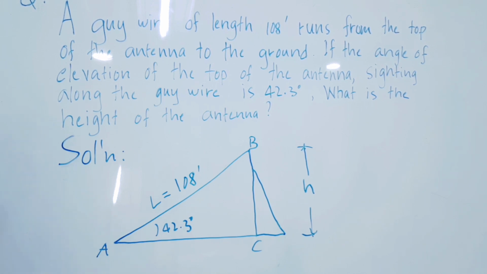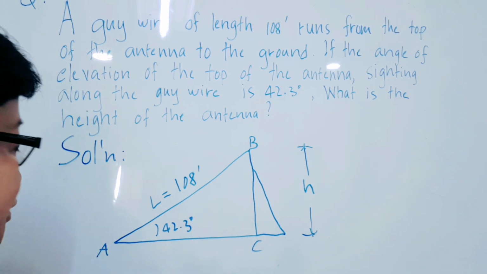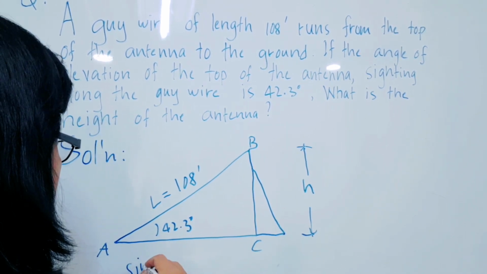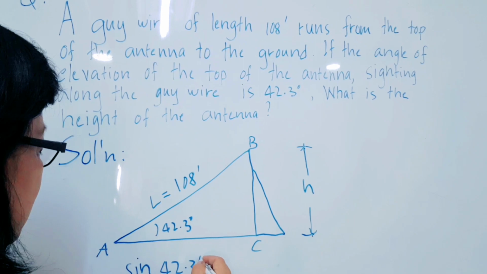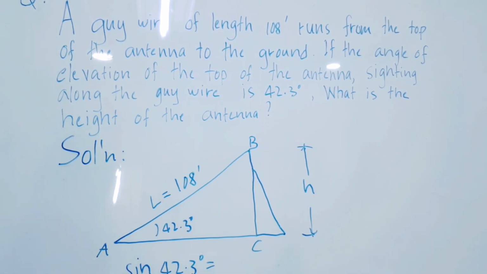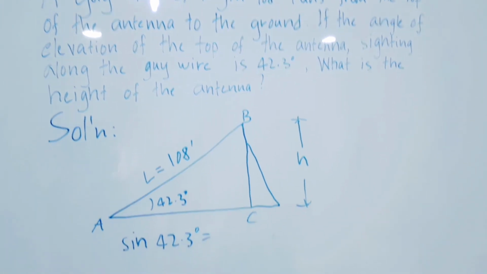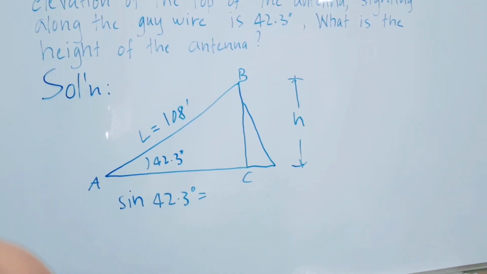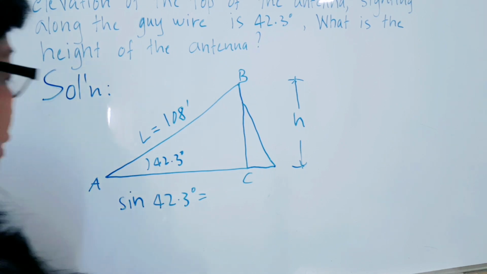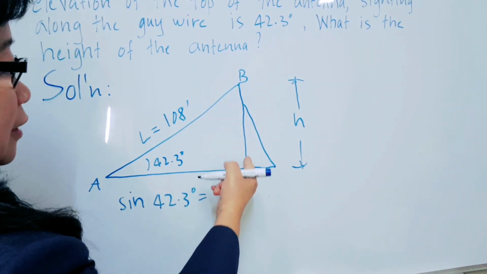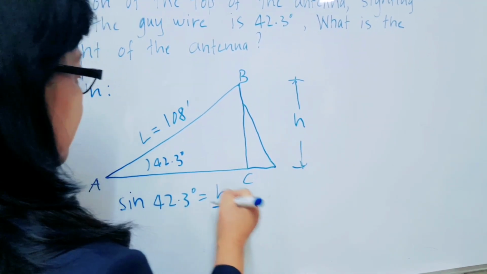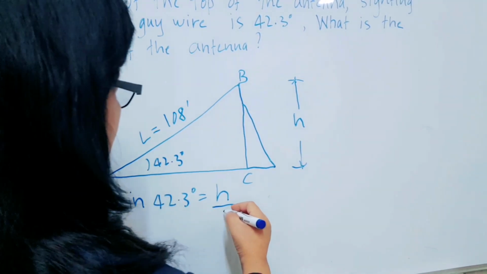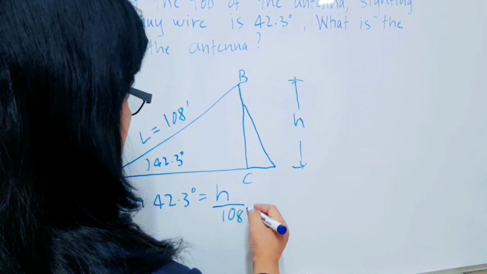So, this is an easy question. We will just use the sine function. Sine of this angle, which is 42.3 degrees, is equal to the opposite, which is the height, over the hypotenuse, which is the length, 108 feet.